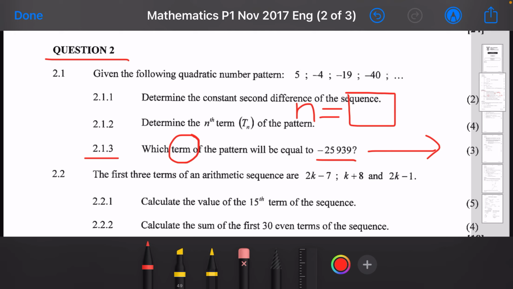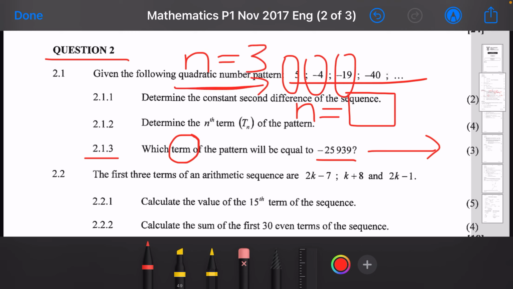Because it's normally in that form of a x squared plus bx plus c. I'm just trying to indicate that this is the standard form of a quadratic equation. But remember, in this case, that x is represented by n.